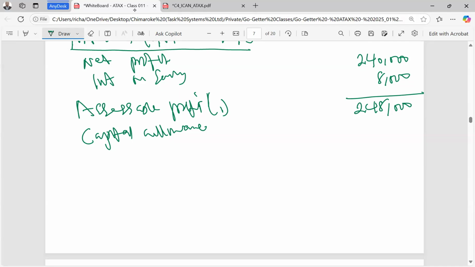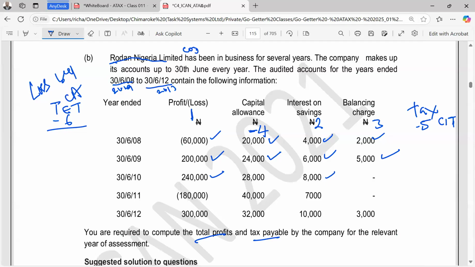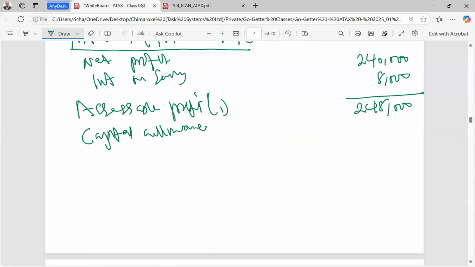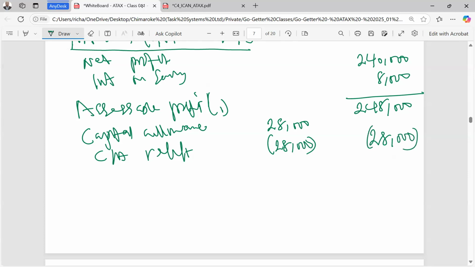So capital allowance, we are told here, is 28,000. If we check 2/3 of 248, it is far more than 28,000, so we just bring your 28,000. This is available capital allowance relieved, 28,000. So this is going to be 0.